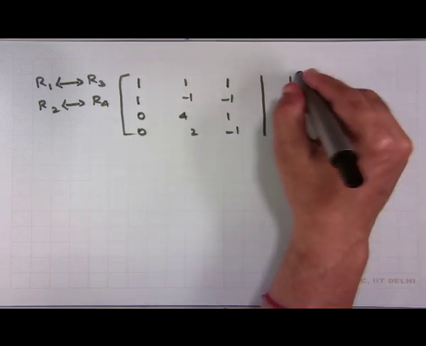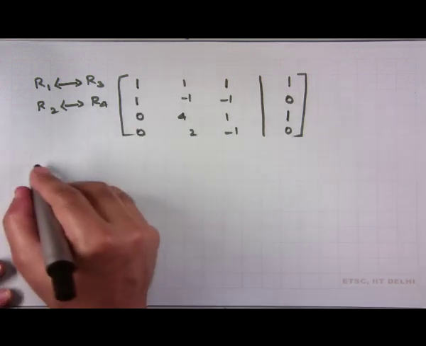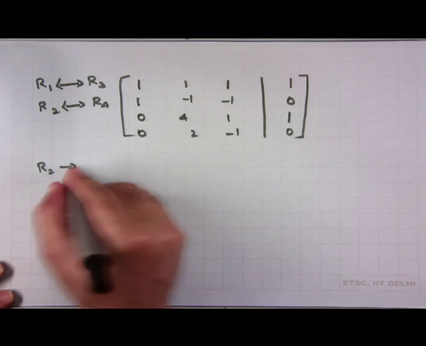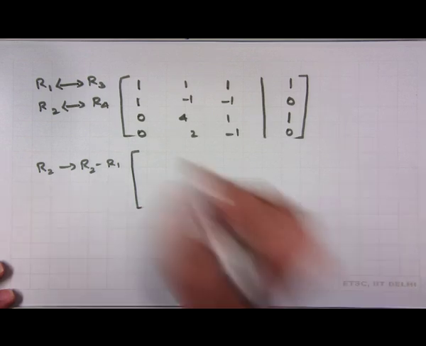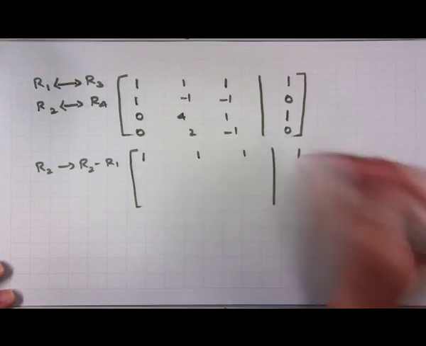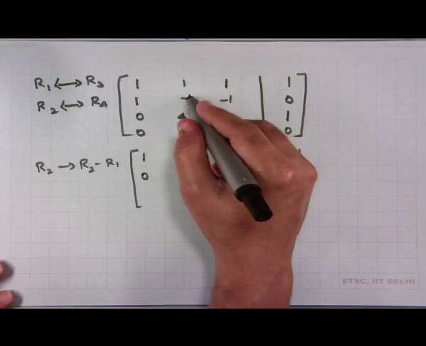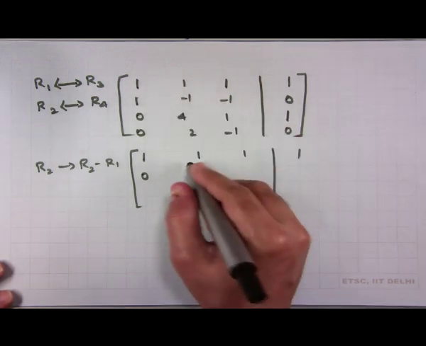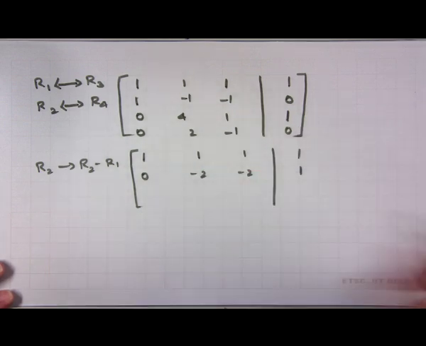Now, let us convert this 1 into 0. R2 is replaced by R2 minus R1. First row remains as it is. Second row, R2 minus R1, you have 0, minus 1 minus 1 which is minus 2, again minus 2, 0 minus 1 which is 1.